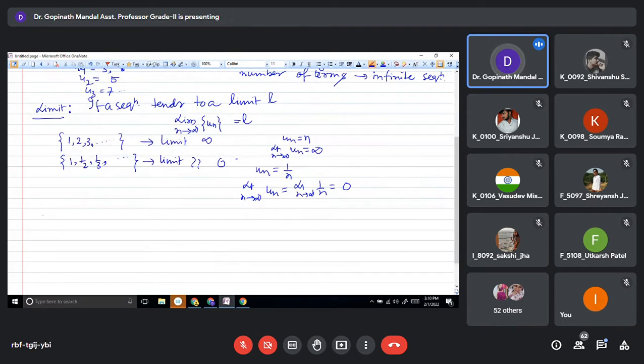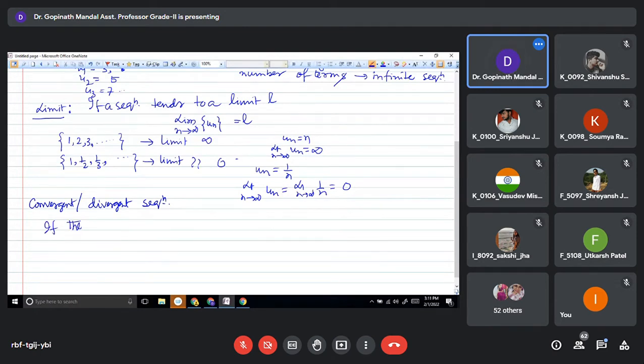Now convergent and divergent sequence. If the limit of a sequence is finite number, then sequence is convergent.